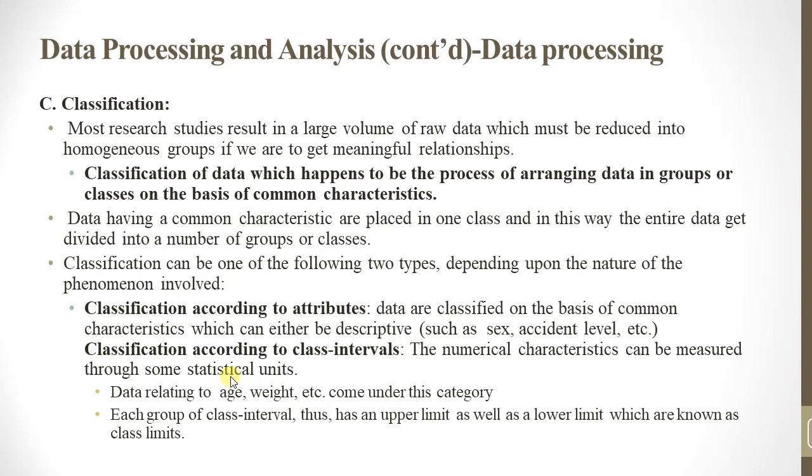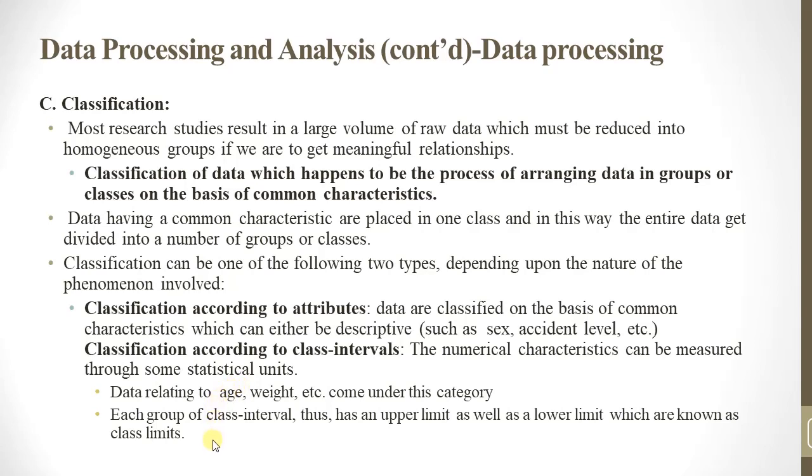In the first, classification according to attributes, data are classified on the basis of common characteristics, which can be descriptive, such as sex, accident level, etc. In classification according to class intervals, the numerical characteristics can be measured through some statistical unit.